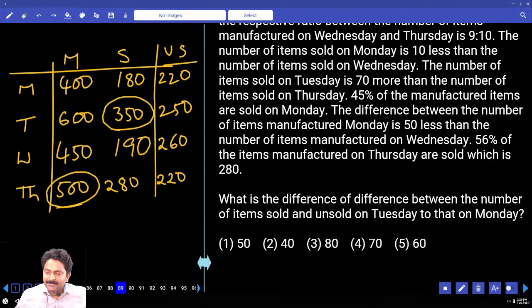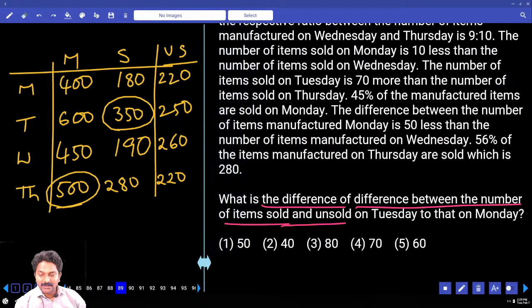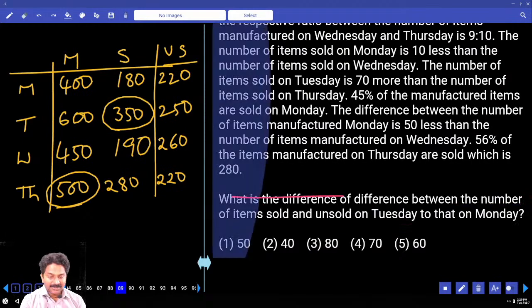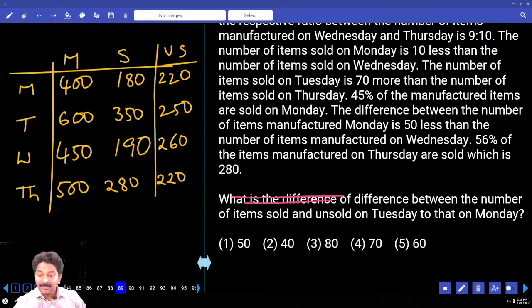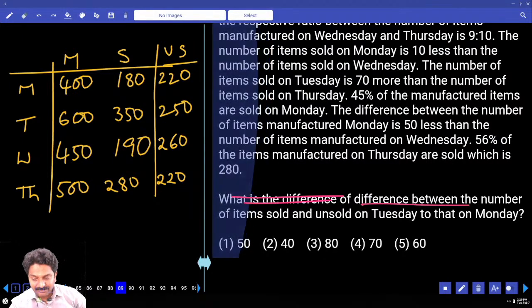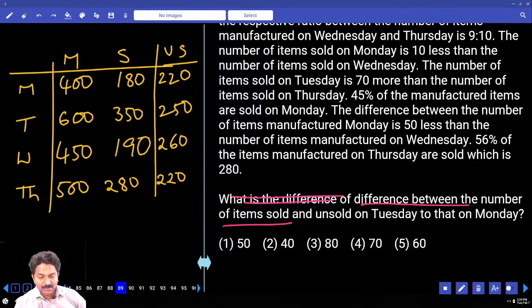What is the difference between items sold and unsold on Tuesday to Monday? Forget about this, we have to write two numbers and need to take the difference, correct? Difference between number of items sold and unsold on Tuesday, on Monday.